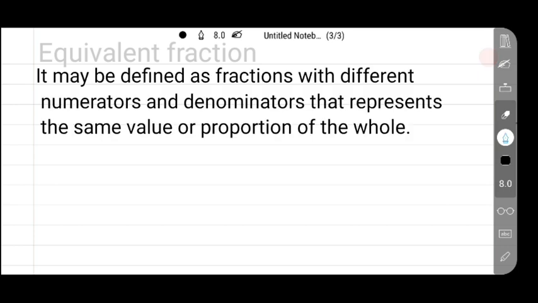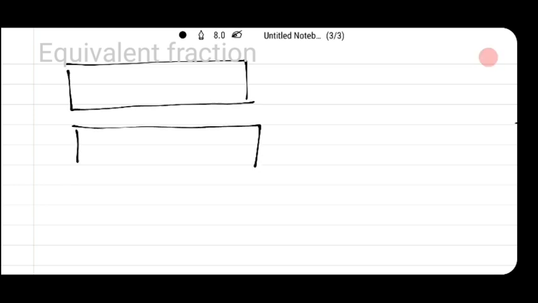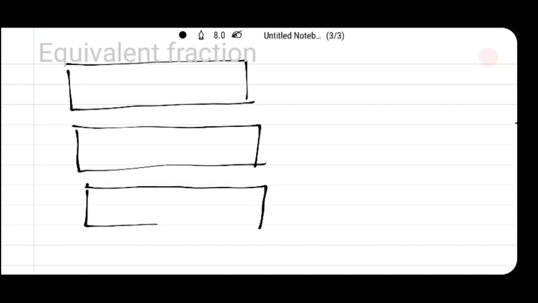Next one is the equivalent fraction. It may be defined as fractions with different numerators and denominators that represent the same value or proportion of the whole. Let us take an example. Suppose there are three rectangles of the same size. Let us draw rectangle 1, rectangle 2 and rectangle 3, and we will divide each of these into two equal parts.